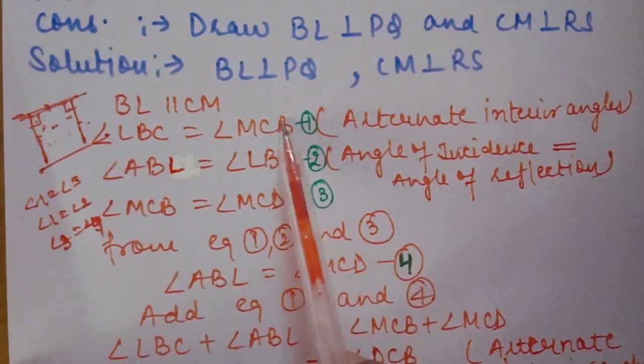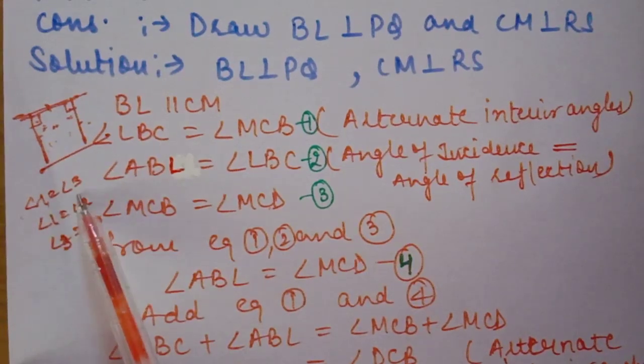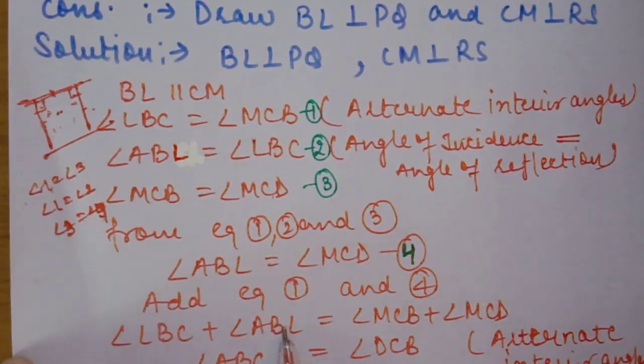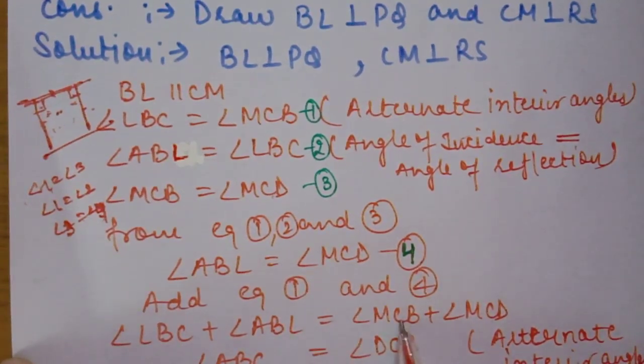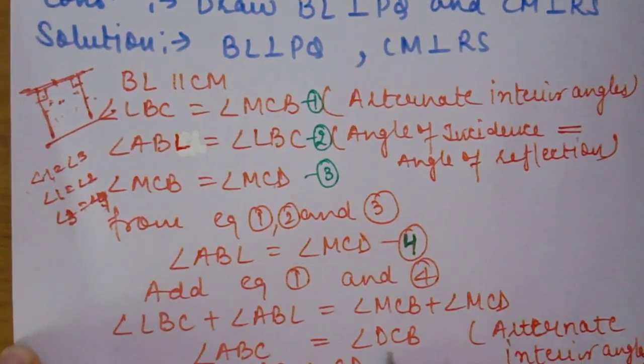Now we will add equation number 1 and 4. 1 plus 3 is equal to 2 plus 4. Then angle LBC plus ABL is equal to MCB plus MCD. It means angle 1 plus 2 is equal to angle 3 plus 4. We will add them. So angle ABC and DCB.